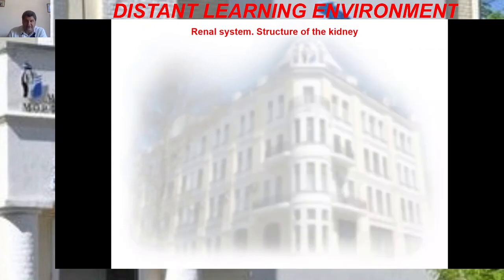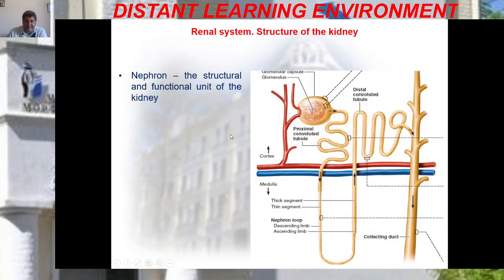So, as I told you, the structural unit, and I repeat, is the nephron. According to the findings of microscopic anatomy, it consists of the following parts. The corpuscle of the kidney, you may see here, corpusculum renale.